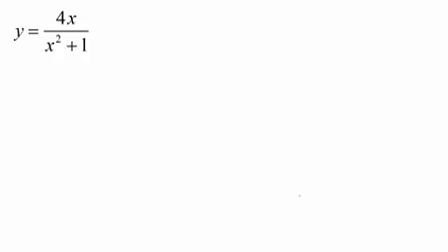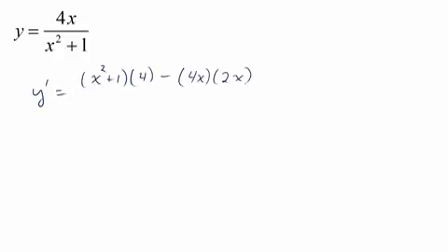If y is equal to 4x over x squared plus 1, then y prime would equal the denominator, x squared plus 1, times the derivative of the numerator, which is just 4, minus the numerator, 4x, times the derivative of the denominator, which would be 2x, all over the denominator squared, or x squared plus 1, the quantity squared.